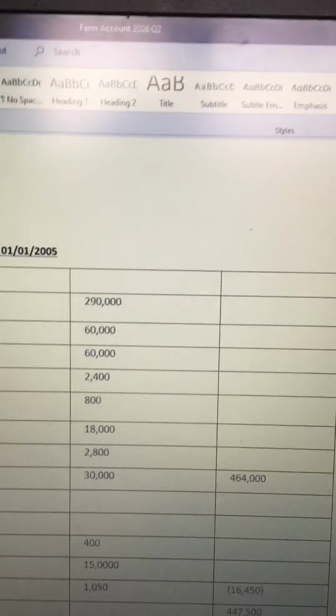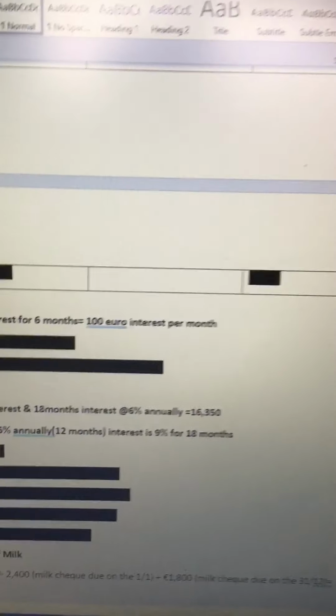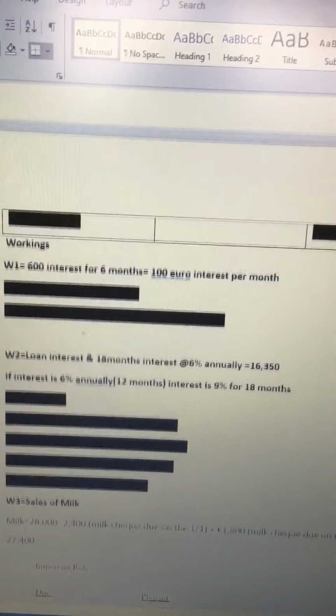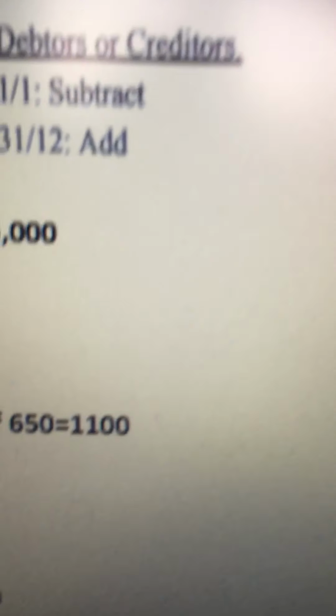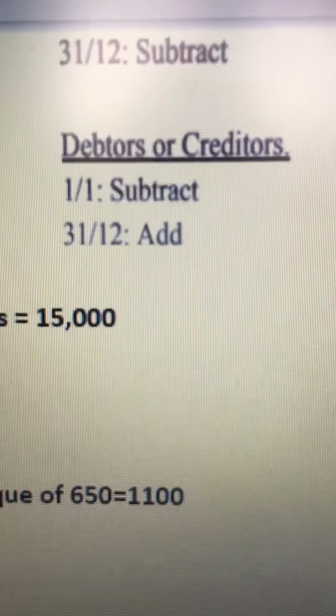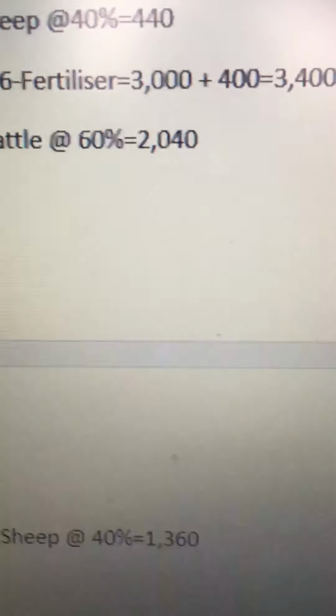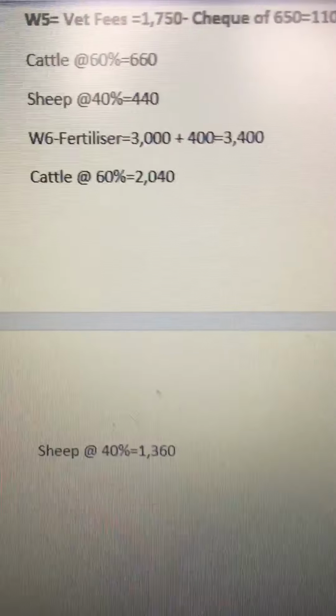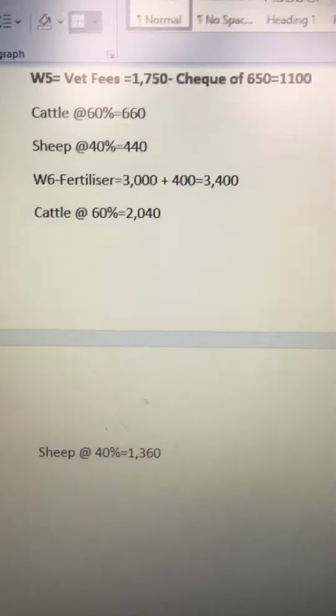So again, go back to your rules here and have a look and see what it actually tells you to do when you have creditors or debtors at the end of the year. You add, okay? You add. So what we need to do for this working is we need to add €400 to the 3,000 and we get 3,400. This is the figure that we use to calculate 60% for cattle, and the 40% then goes to sheep. Okay, so that's the workings done for the enterprise analysis account.